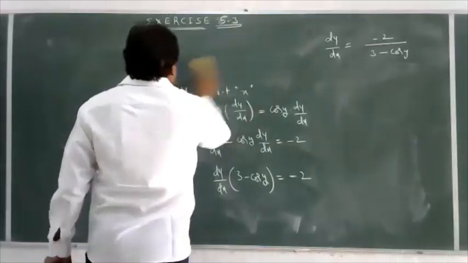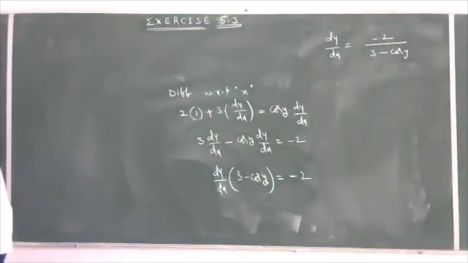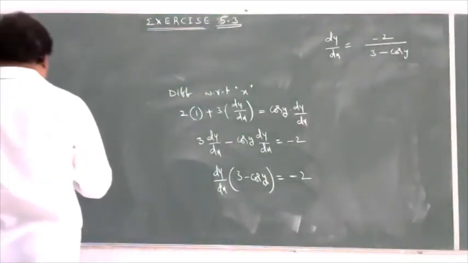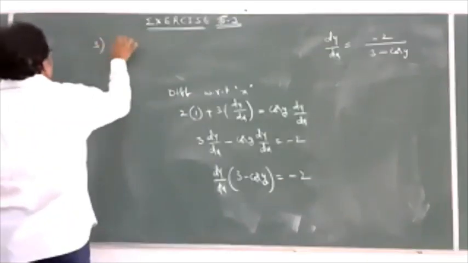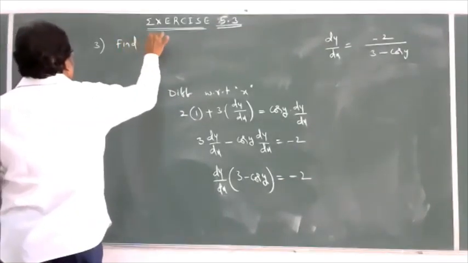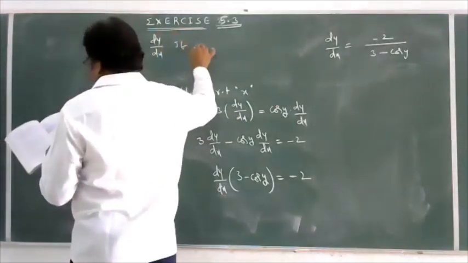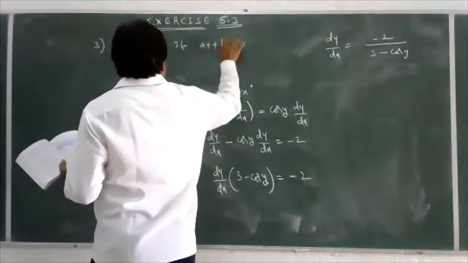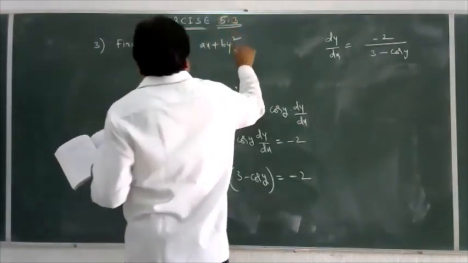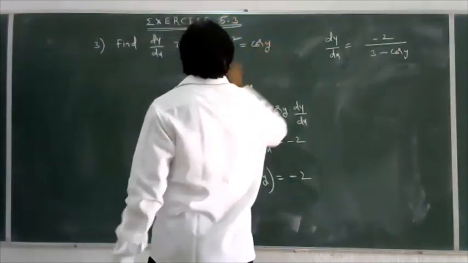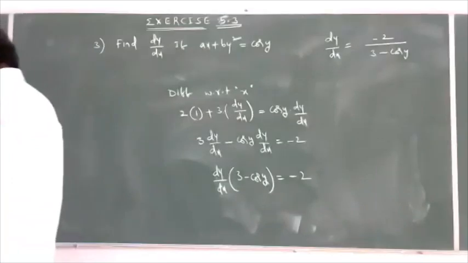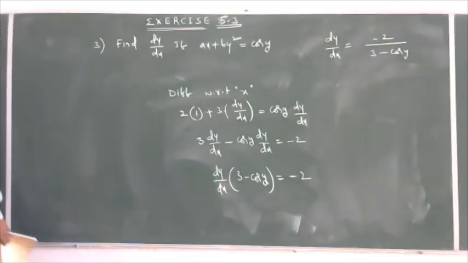Next, we are going to the third problem. Find dy by dx if ax plus by square is equal to cos y.